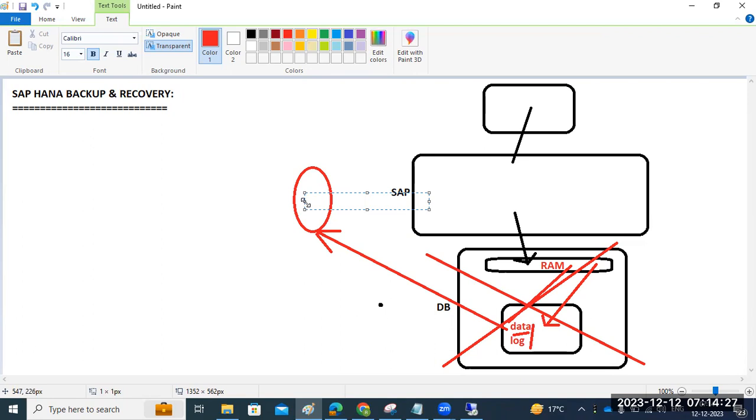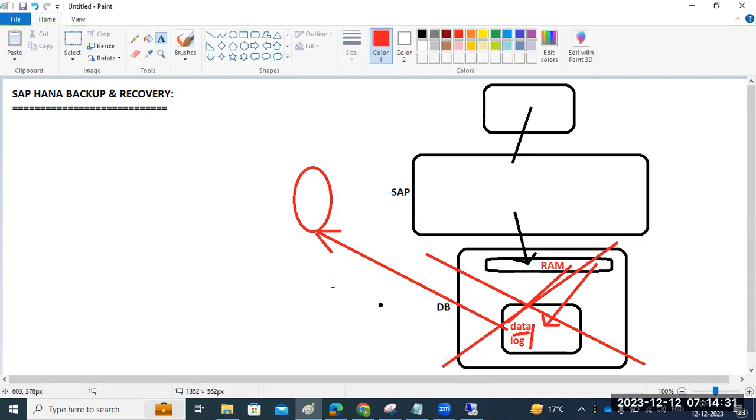Some third-party companies specially take the backup of your databases and store it in their data centers. So in case of a hardware crash or failure, we can recover the system and our data again.